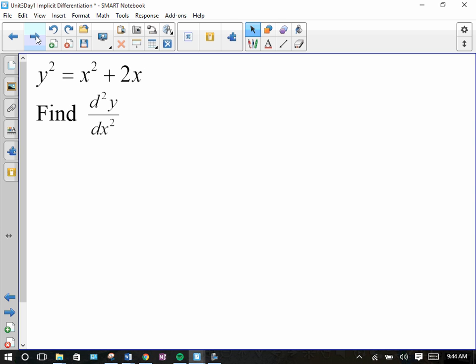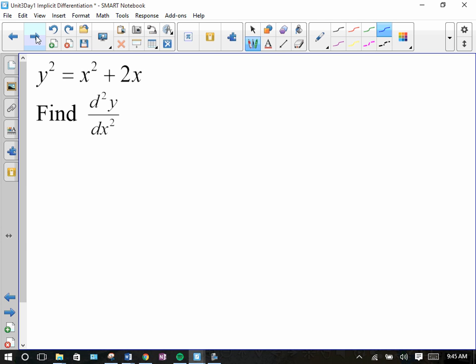So in this case, we're actually being asked to find the second derivative. In order to find the second derivative, we have to find the first derivative.